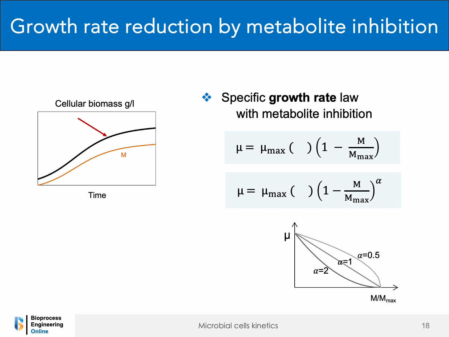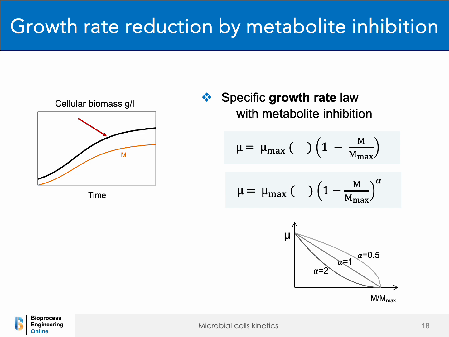The growth decelerating phase can also result from the inhibitory effects of excreted metabolites. The simplest form of metabolite inhibition follows a linear type described by the inhibition term 1 minus m over m max, where m is the metabolite concentration and m max is the maximal concentration of excreted metabolite at which growth is arrested.